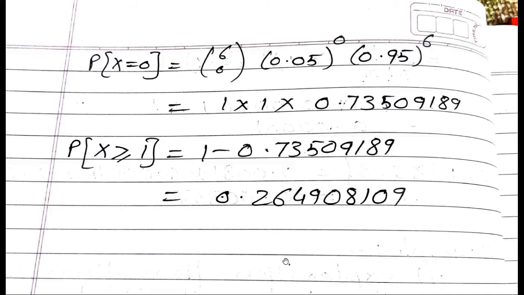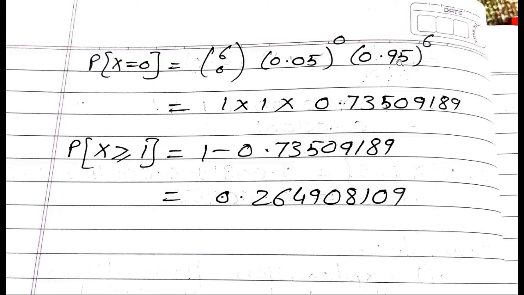So probability x is equal to 0 can be calculated as 6C0 0.05 raised to 0 and 0.95 raised to 6. So 6C0, the answer is 1. 0.05 raised to 0 is also 1.